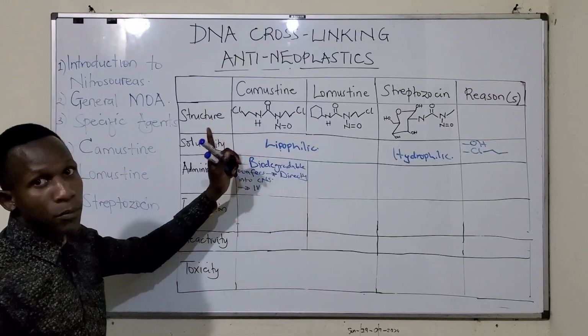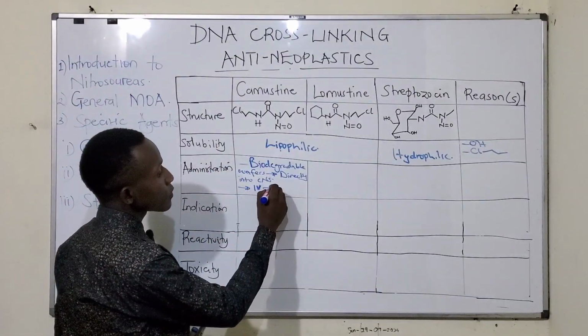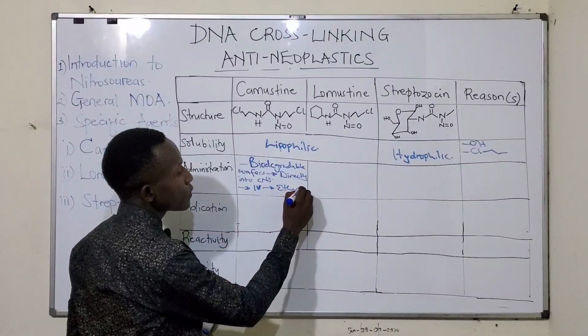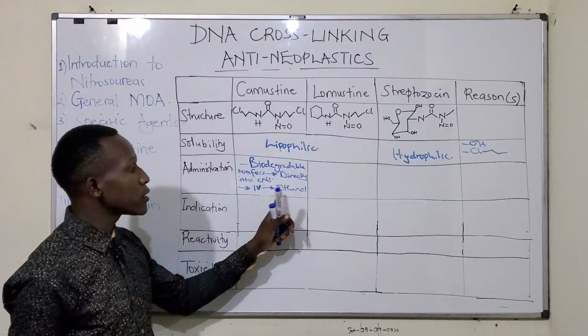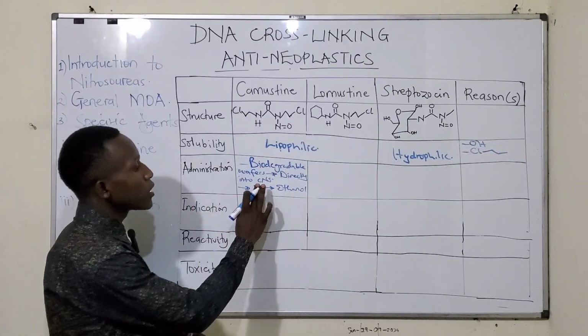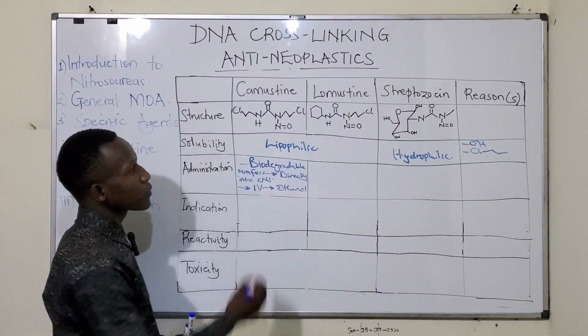But since it is highly lipophilic, the IV administration will require some ethanol. It is administered IV, but in ethanol, because it is highly lipophilic and cannot dissolve in the blood by itself, so it requires ethanol.